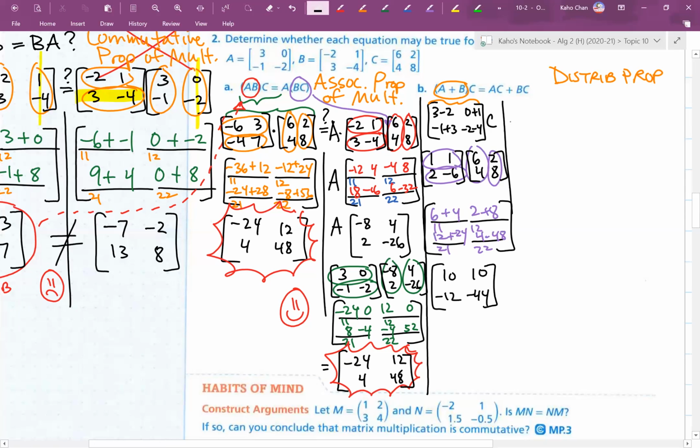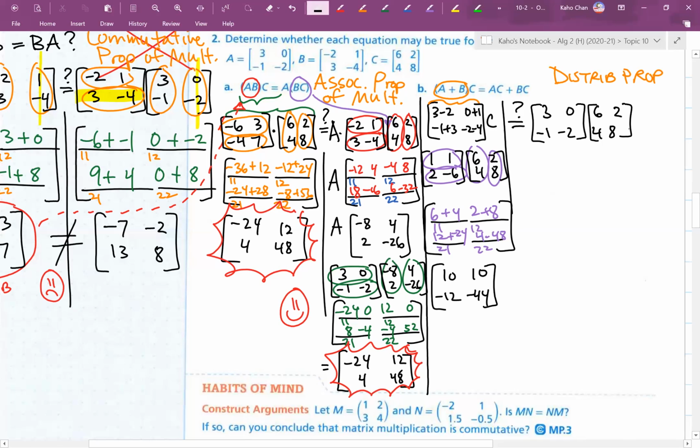Let's check it with the other side and see if it works or not. AC plus BC, A times C. Let's do it. 3, 0, negative 1, negative 2. And C, of course, is 6, 2, 4, 8. And oh, look at this. Didn't we do BC earlier already?